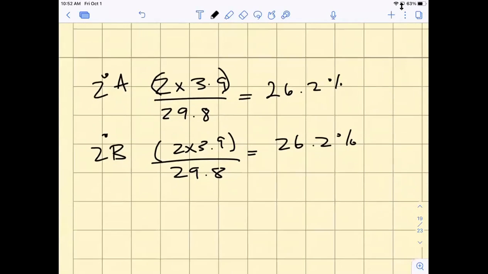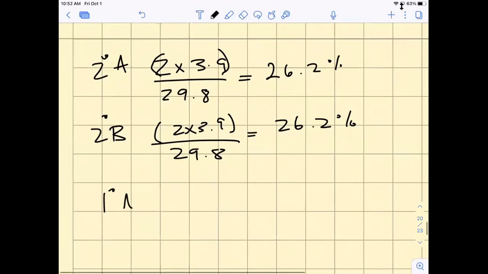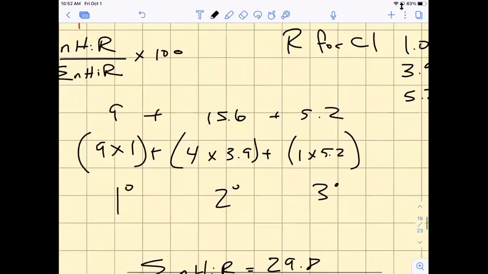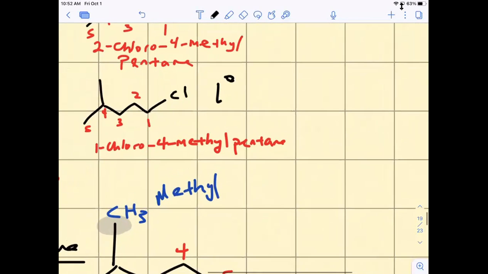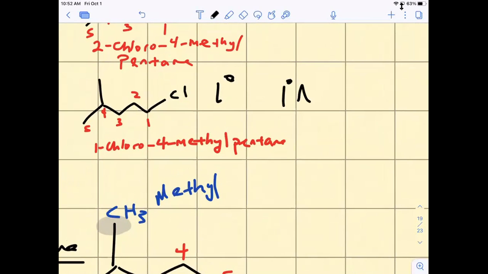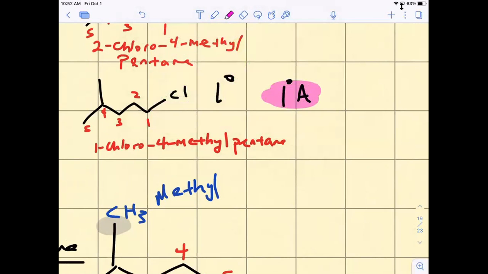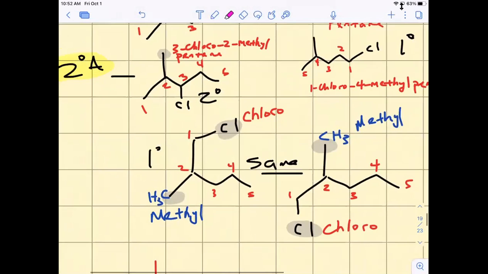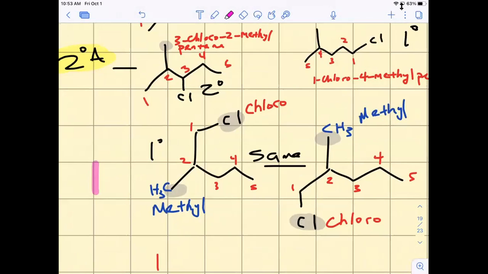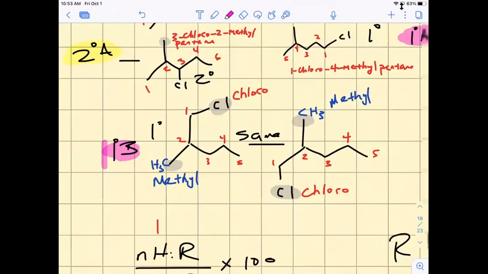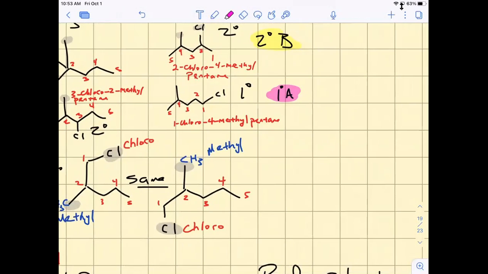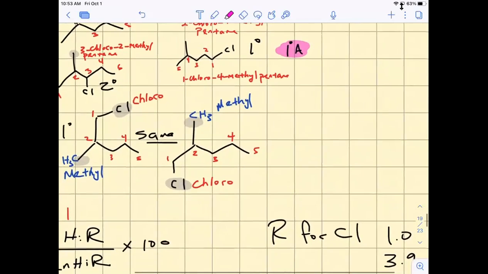And then for the primary, we're going to have a primary A and a primary B too, because you got 2 primary products. We'll call this one primary A, and the other primary down here, we'll call primary B. With primary A, that's three hydrogens at the site where that chlorine is, so we're going to put that in the top.